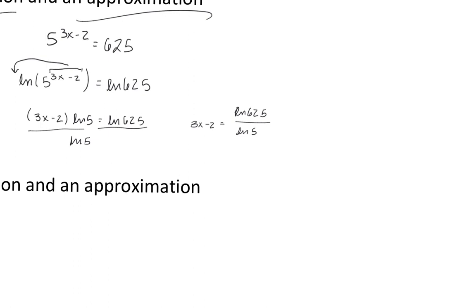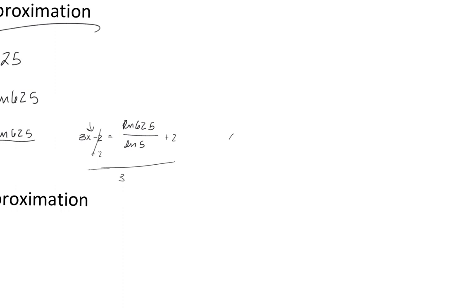And then from there, we just need to figure out what x is. So add 2, and then divide everything by 3. So that way, we have x is equal to the natural log of 625 over the natural log of 5 plus 2, whole thing divided by 3.